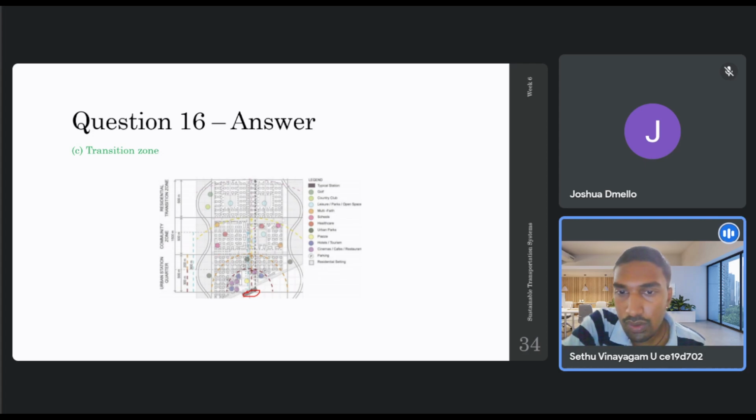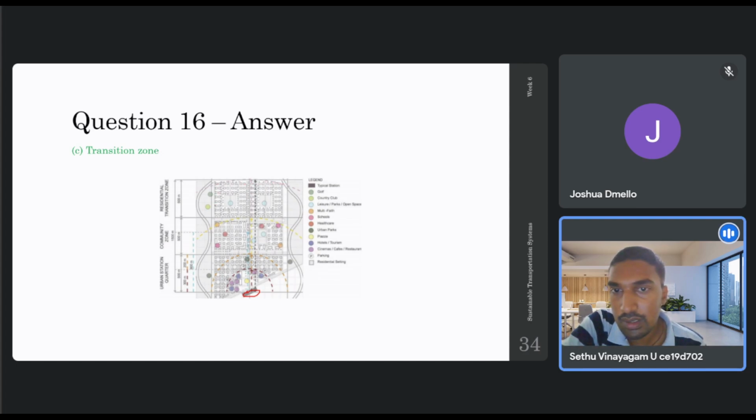Whereas if we go farther away into the community zone, we can see that there are more residential buildings available, and less of these commercial or other uses of the land. If you move further away into the transition zone, here we see that it is primarily for residential purposes, and so the other activities taking place in these zones are very limited, right?